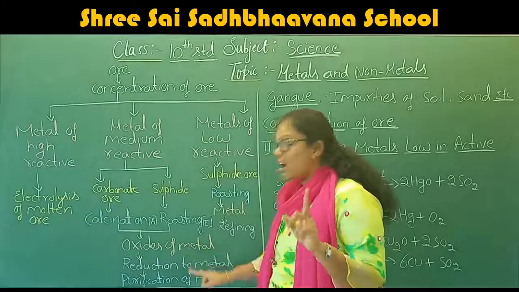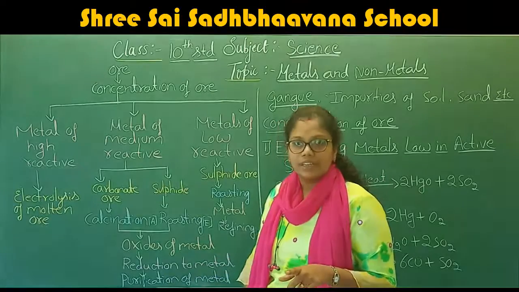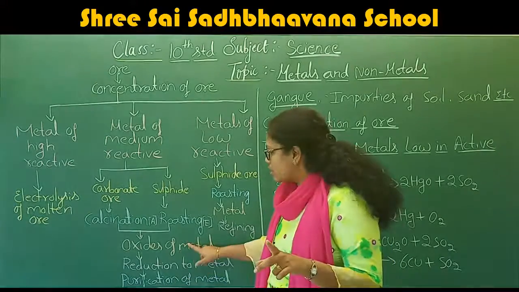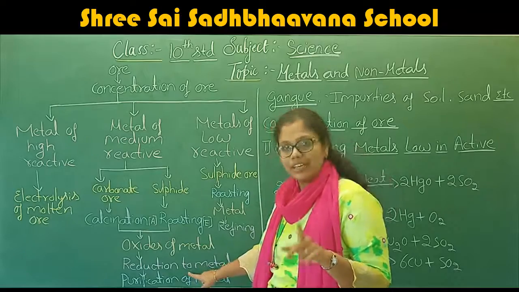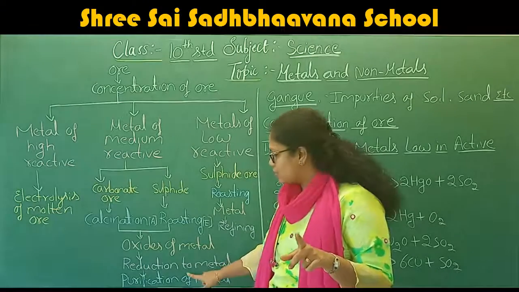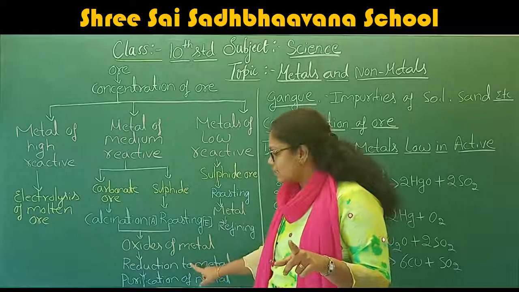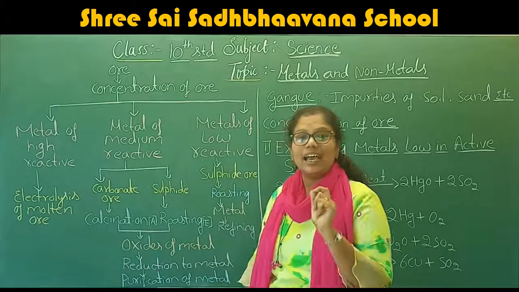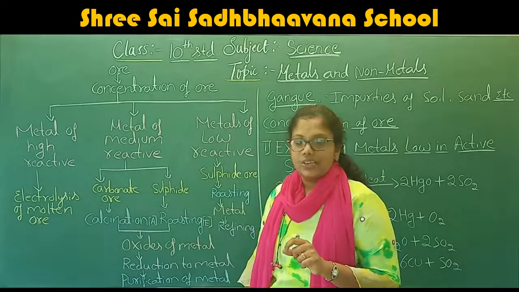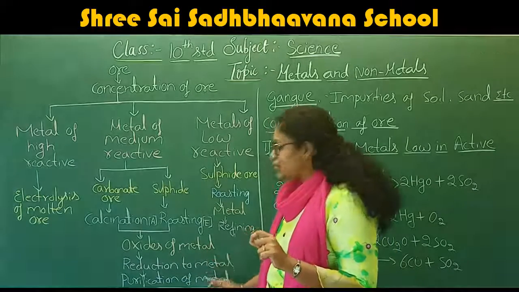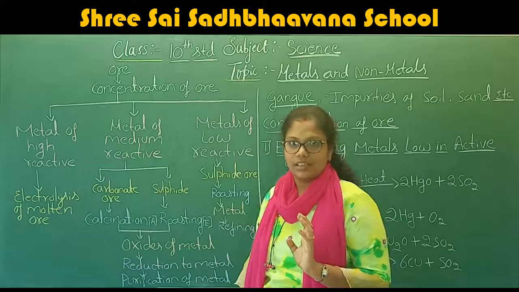After that, you will get the oxides of metal. After getting the oxides of metal, we undergo the reduction. After the reduction, the last step is the purification of the metal. We will discuss all these steps by taking an example.